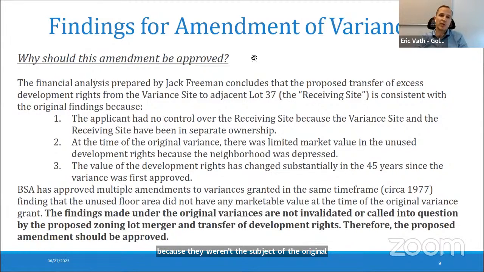So, I realize we're getting into a pretty technical case, but remember, this is kind of a ministerial approval in any other setting. We just have to show that because it's the subject of a BSA case, times have changed and now they should be permitted to sell these development rights to the neighbor.